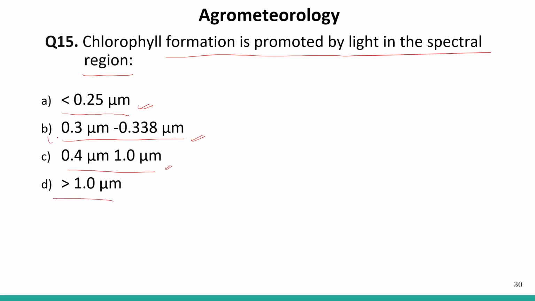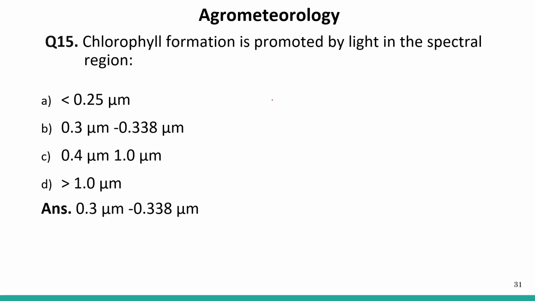In this particular region of the electromagnetic spectrum, 0.3 micrometer to 0.38, that is around 0.4 micrometer, chlorophyll formation takes place, right? So the correct answer is 0.3 micrometer to 0.38 micrometer. It's a very narrow range, right? So in this region, chlorophyll formation is promoted by the light.